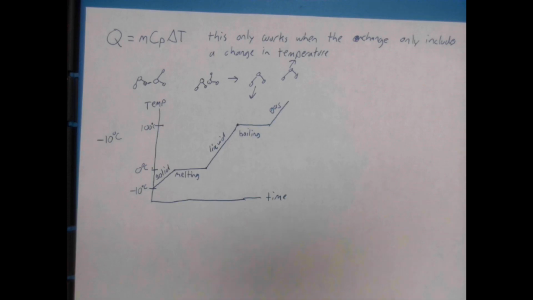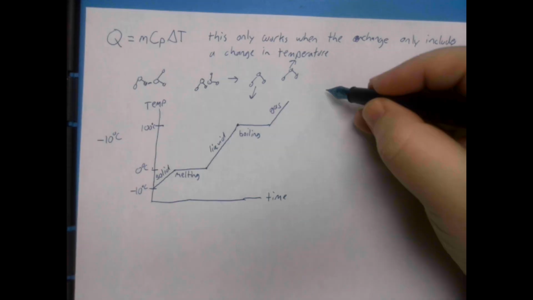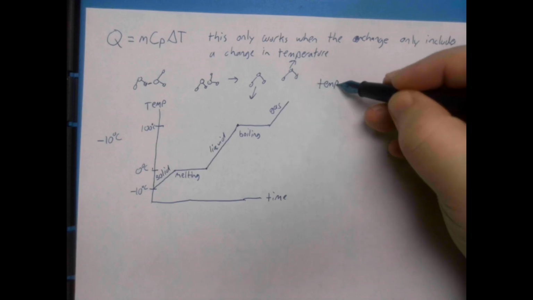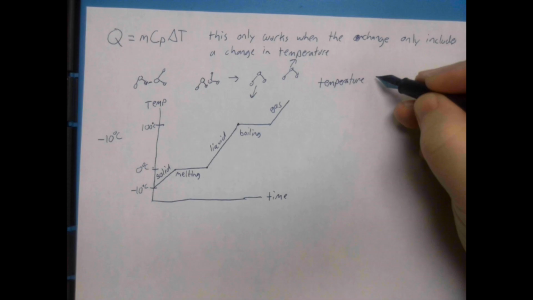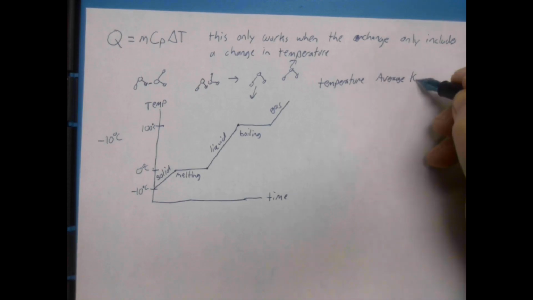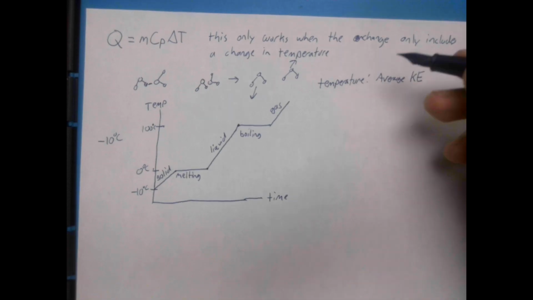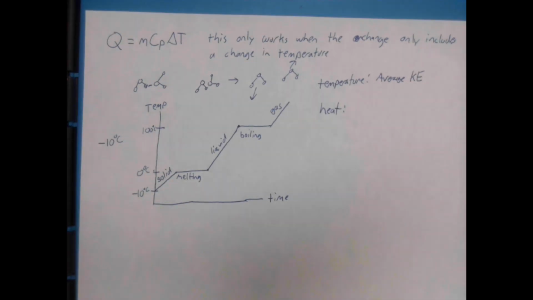During a phase change, remember what I said heat is. Temperature is a measure of average kinetic energy. And what did I say heat was a measure of? The transfer of energy from one object to another.